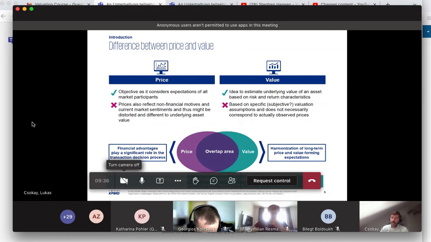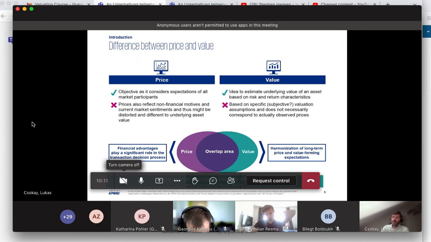And in terms of a transaction or for valuation purposes, what we mean is that price is in this sense objective. Market price is basically the weighted price: all the weighted subjective prices of all the market participants come together in one market price. So therefore, it's somehow objective.